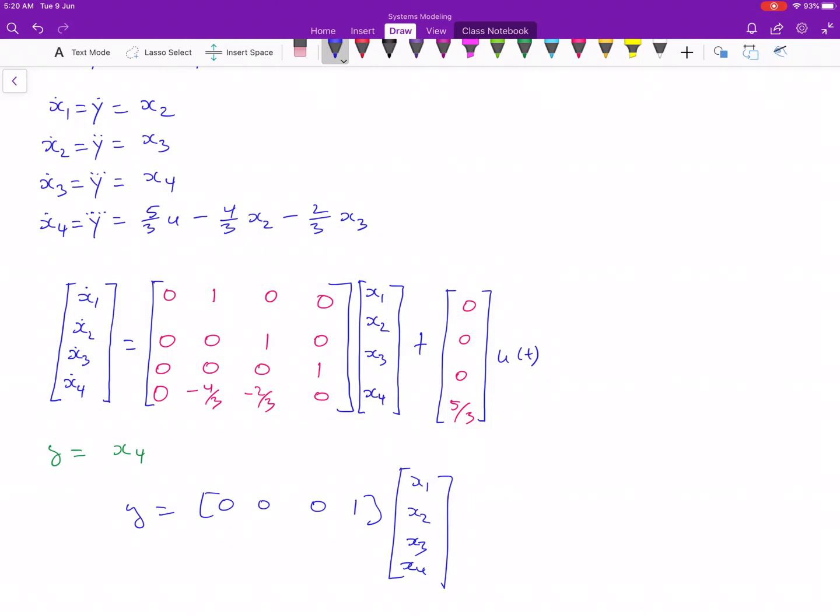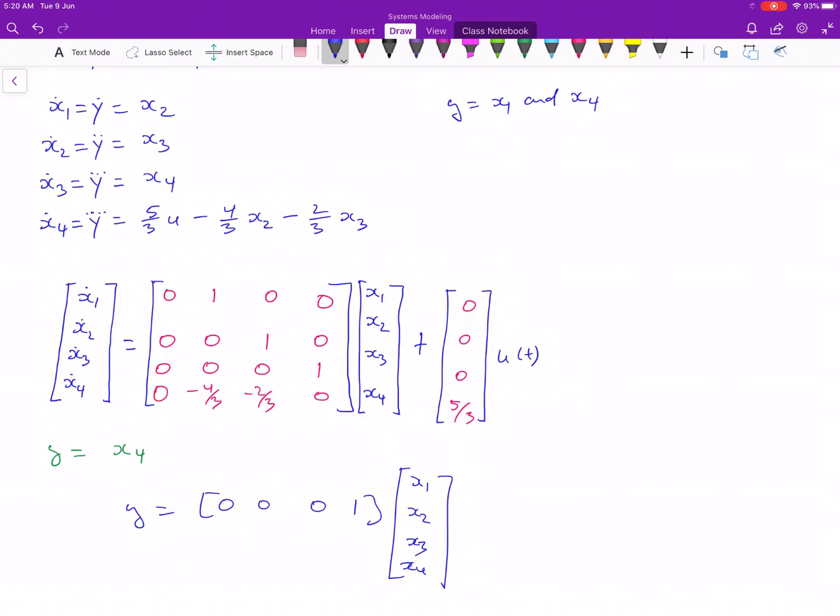Okay? Now, if y, for example, you want two outputs, because it is possible to have two outputs. Maybe y is equal to x1 and x4.